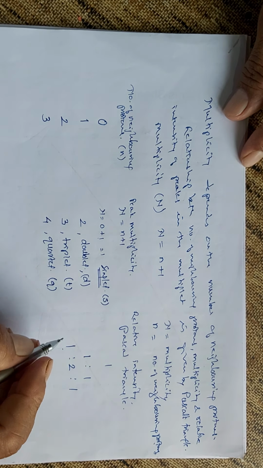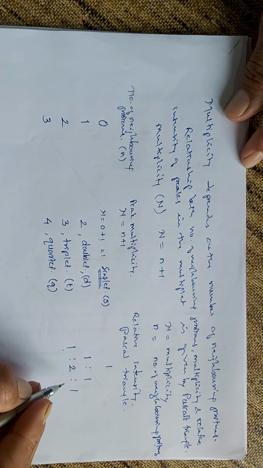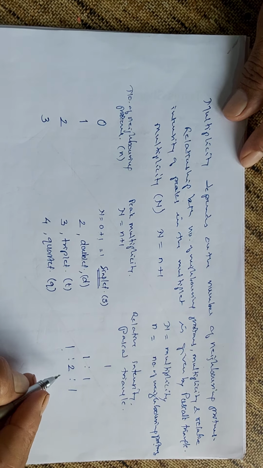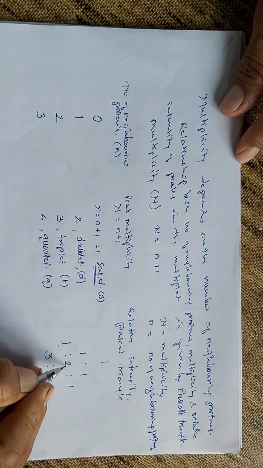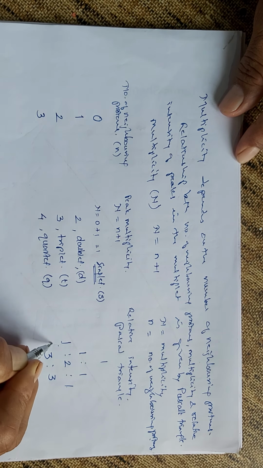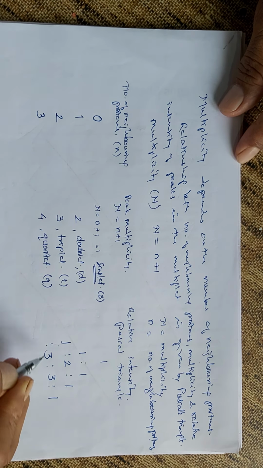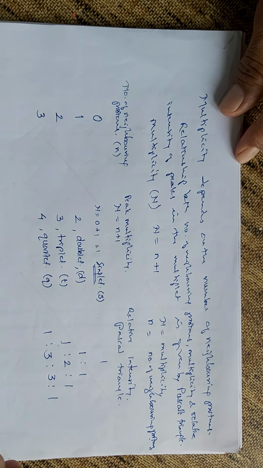The quartet is designated by q. Here it will be given as 2 plus 1 is 3, 2 plus 1 is 3, here it's 1, here it is 1.